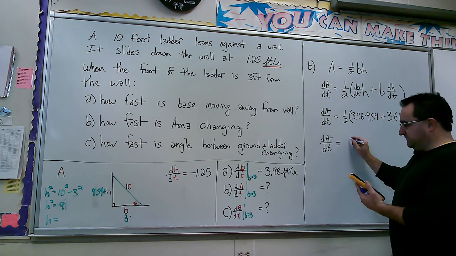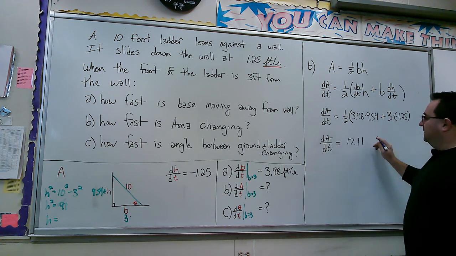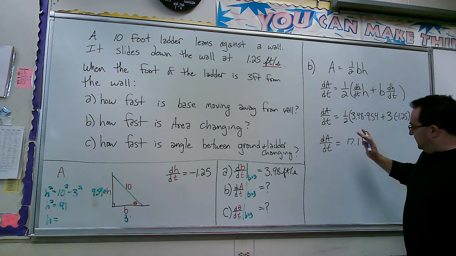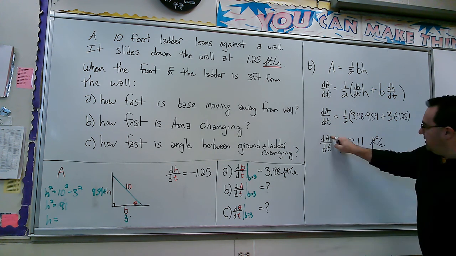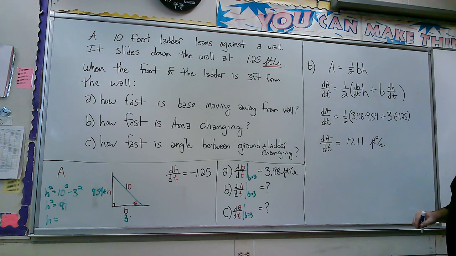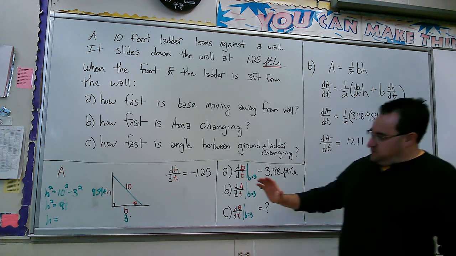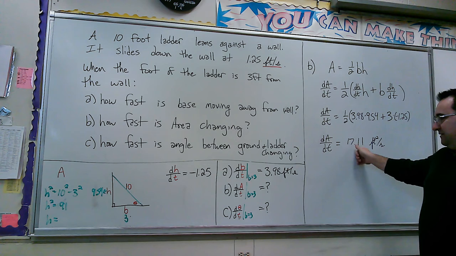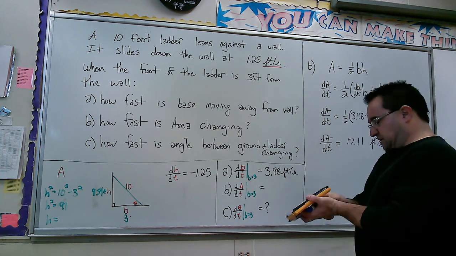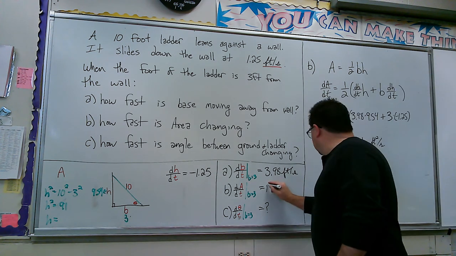And I'm getting 17.11. This is area, right? So that would be square feet per second. Area units over time units. So the area at this point in time, as it slides, is actually getting bigger at that rate. So that will go here.